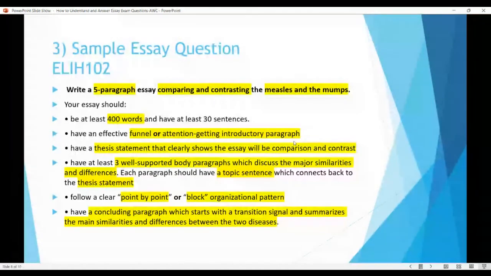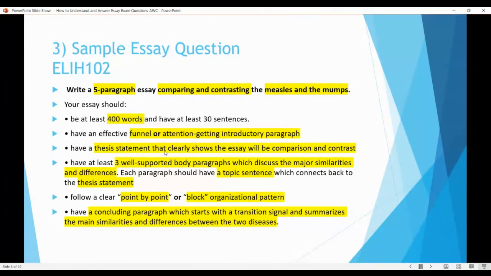Like in this case, comparing and contrasting measles and mumps. You can say there are many dangerous diseases in the world, and measles and mumps are also considered dangerous. So you have started with something general, and then you are using a controlling idea to limit the topic in the form of measles and mumps.